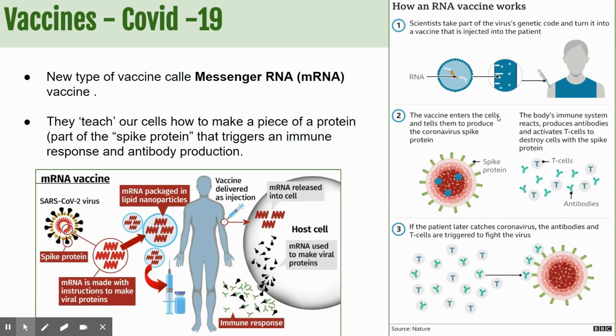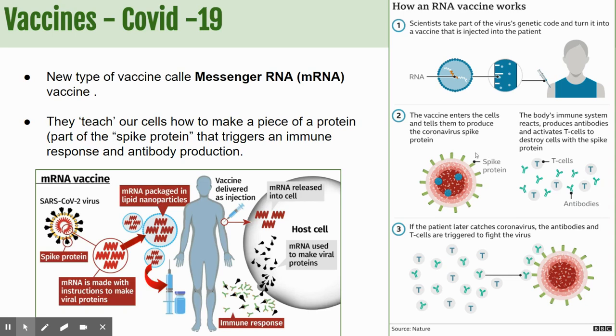So that code then gets picked up by your cell, and it makes the spike protein that would normally be on the outside of the COVID-19 virus. And they put them up there, and then obviously the body's immune system will be like, what's that?